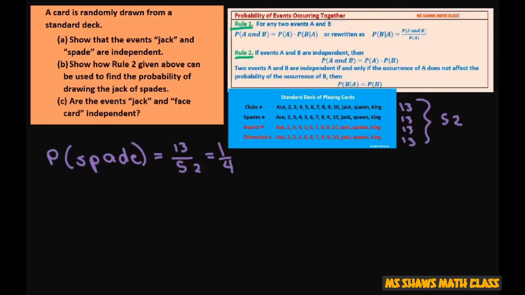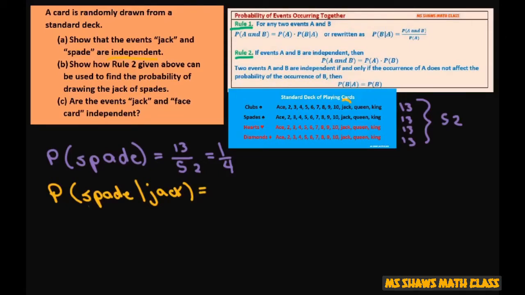Now let's do the probability of Jack. To see if they're independent, we're going to do the probability of a spade given that we drew a Jack. Basically, you're just looking at the total number of Jacks.